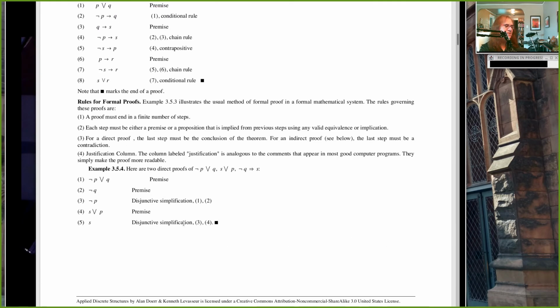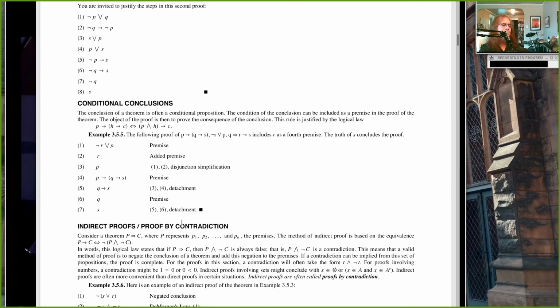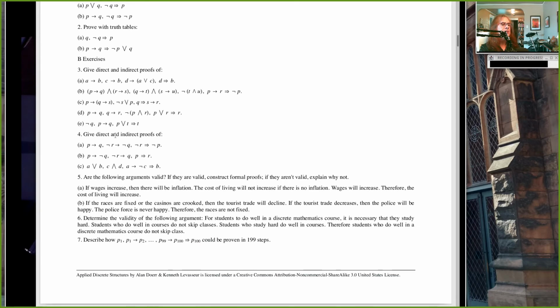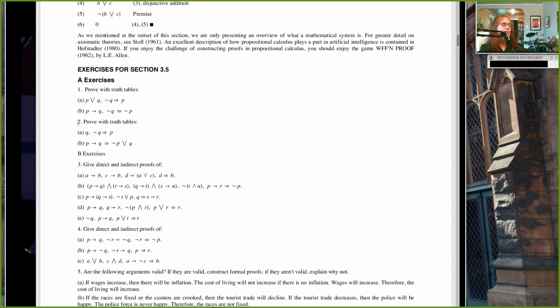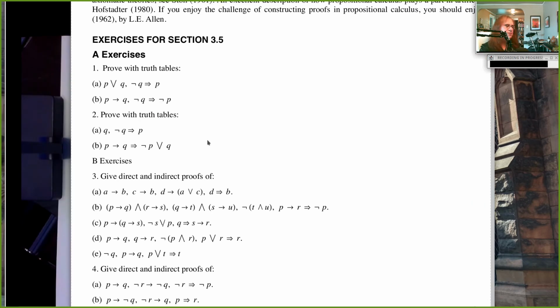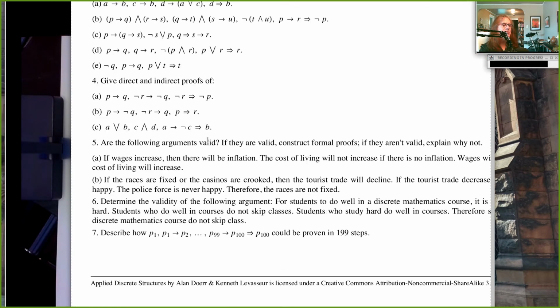And then 3.5 gets you into writing proofs. So question 2, prove these with truth tables. These are propositions involving a small number of variables, so truth tables are fine. But then question 4, you want to use direct and indirect proofs to prove these 3 things.